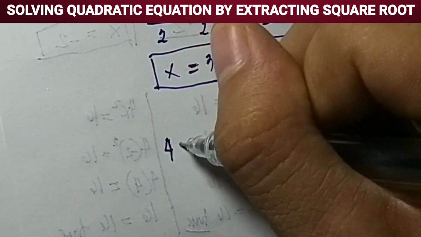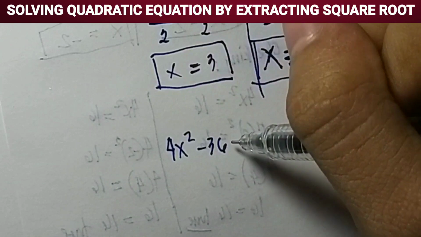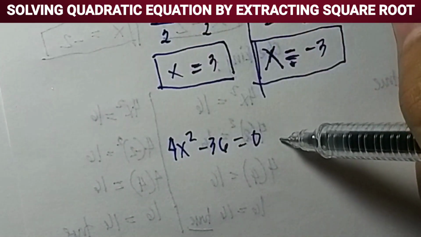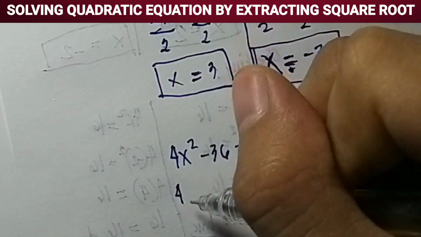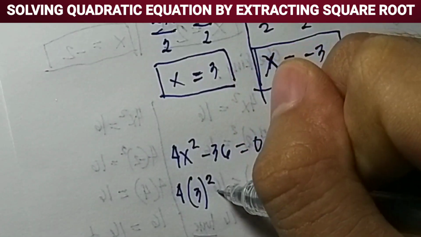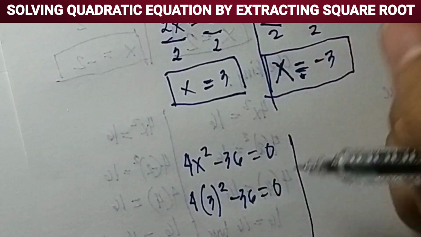Balik ta sa given: 4x squared minus 36 is equal to 0. Dirita sa positive 3. Kung ang atong x positive 3, pulihan na nato ng positive 3: 4 times 3 squared minus 36 is equal to 0.